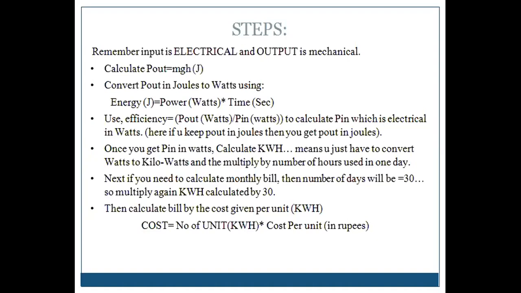To calculate the bill for 1 month, multiply that kWh for one day by 30, so you get kWh for the entire month. Then they give you cost per kWh, so you multiply the total kWh by cost per unit, and you get the total cost.